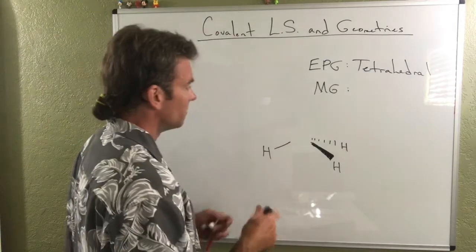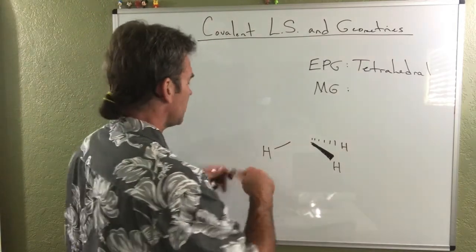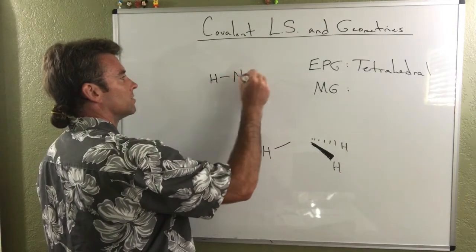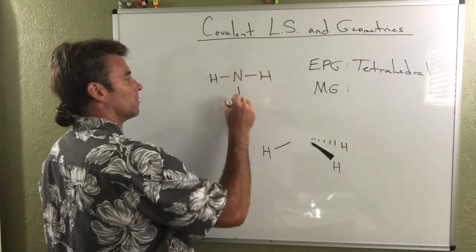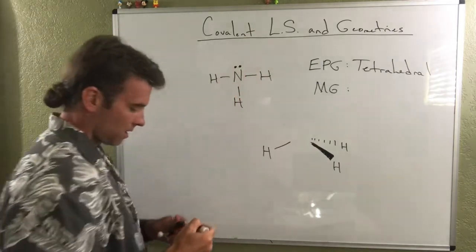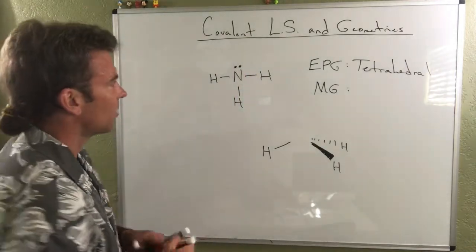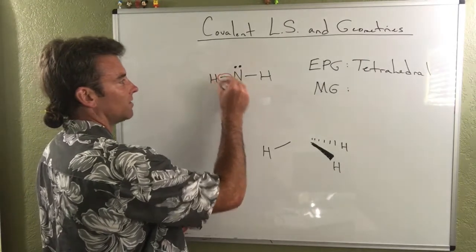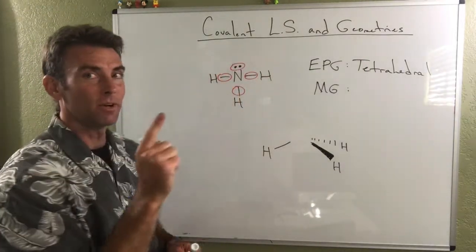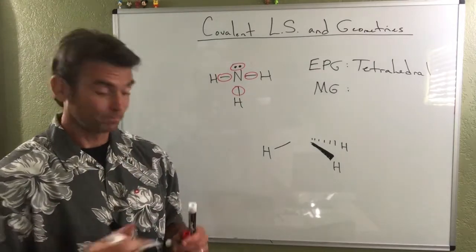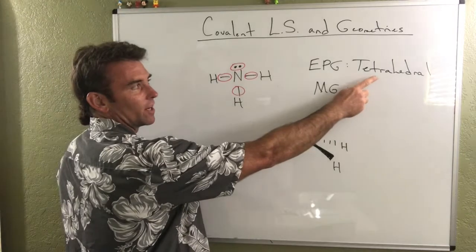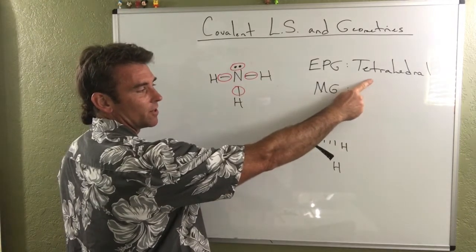What we're going to do is, first of all, draw just a plain Lewis structure for ammonia, and we're going to count up the electron clouds. Remember, we've got a lone pair. Be careful. 4 electron clouds is going to be an electron pair geometry of tetrahedral.